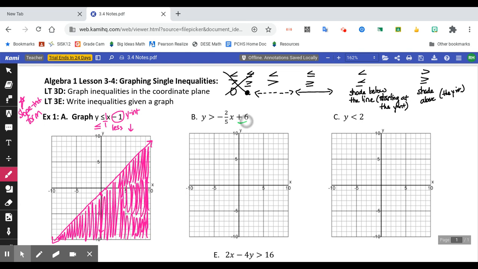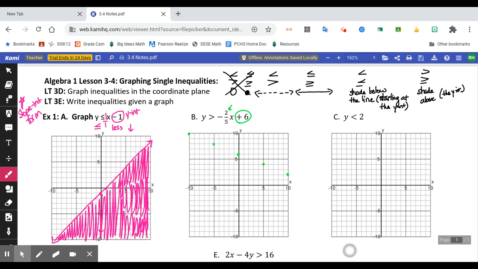I'm going to start at my y-intercept, which is +6. I'm going to go down 2 over 5 for my slope. So down 1, 2, right 5. I'm going to do a couple more the other way. So up 2, left 5, up 2, left 5. Okay.